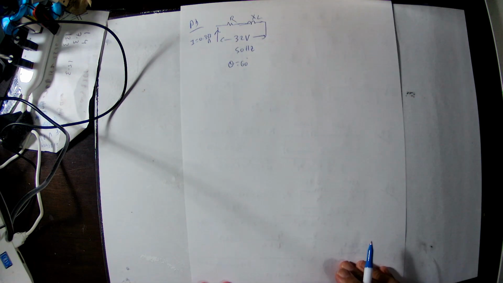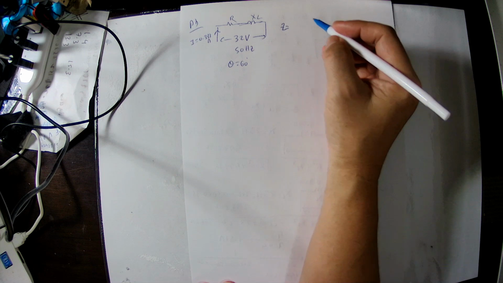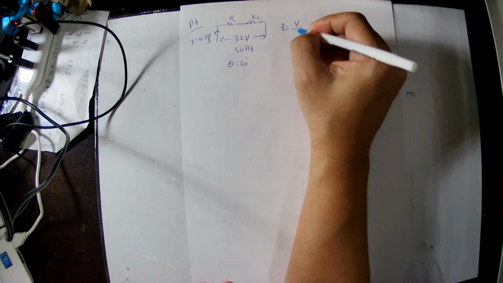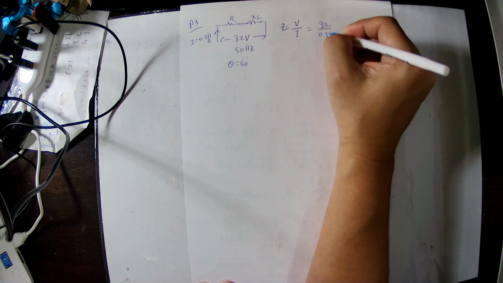So firstly, we have to find out the impedance Z. Impedance Z equals voltage divided by current. So voltage is 32, current is 0.333.